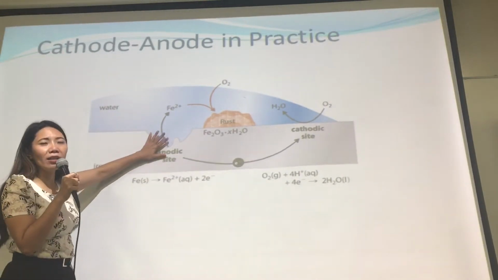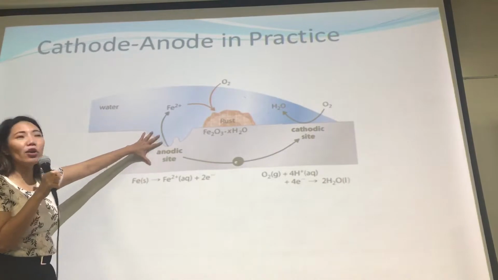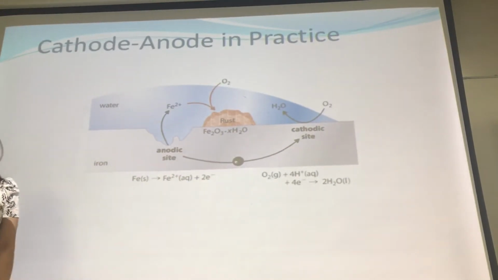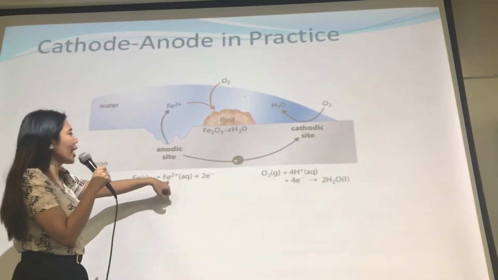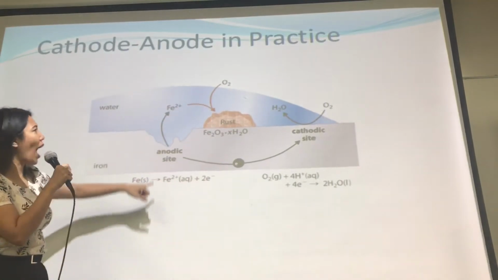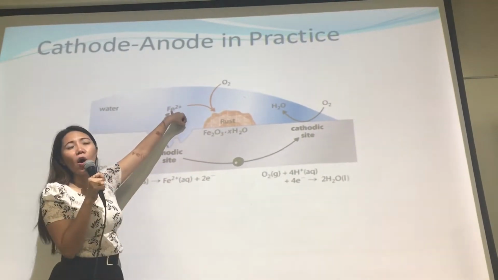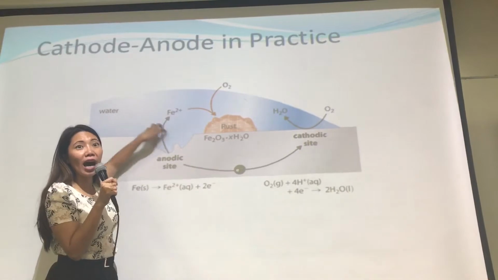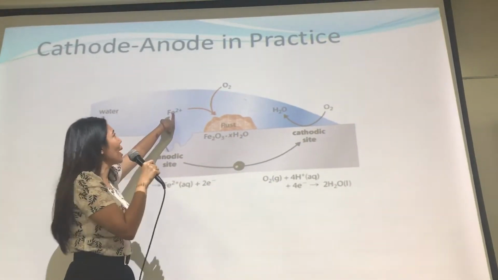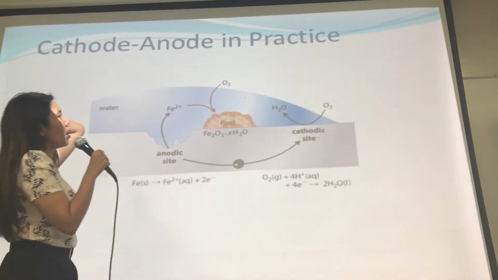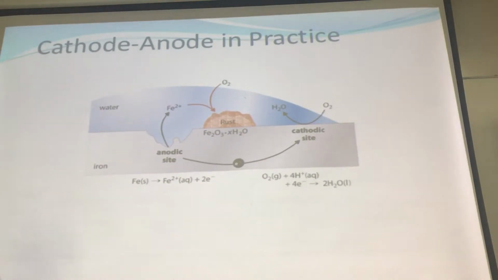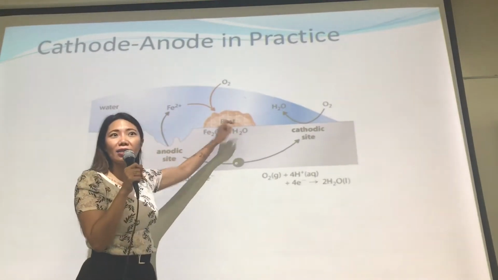When iron becomes anodic, that means iron is losing electrons. So we get ions of iron and electrons. The iron ions go up into the electrolyte, and this Fe2+ picks up some oxygen and some water, and it becomes rust.